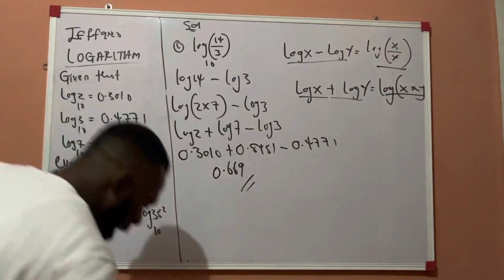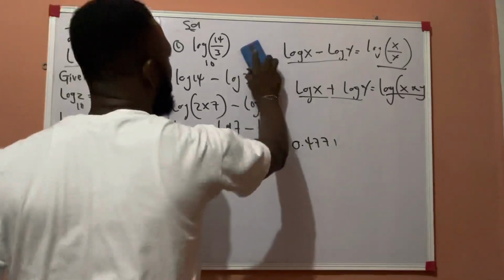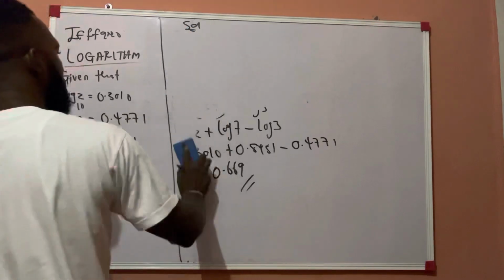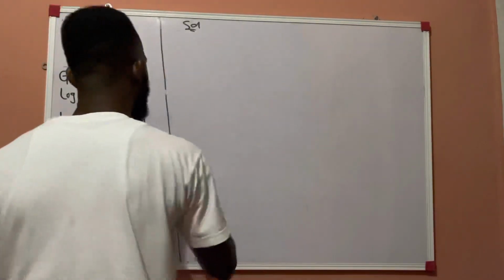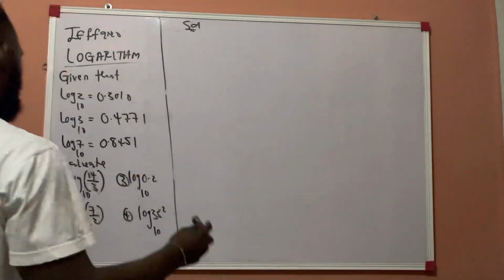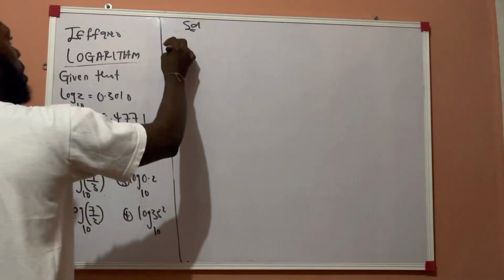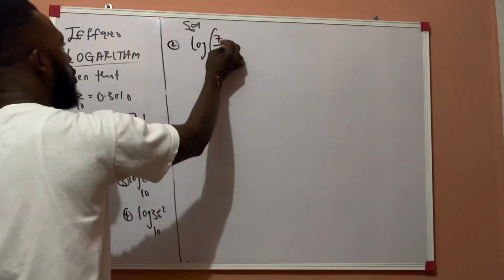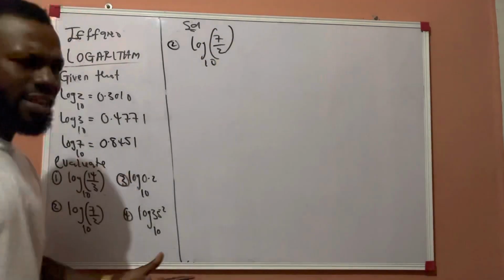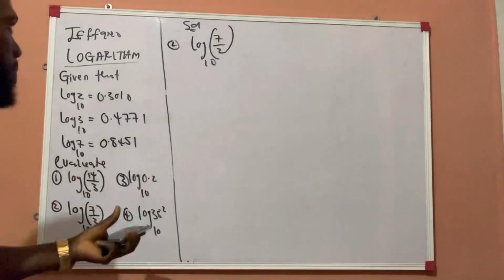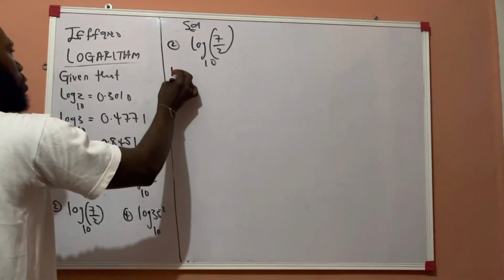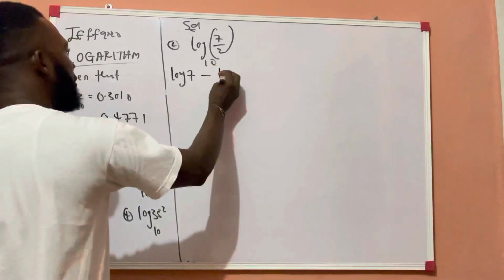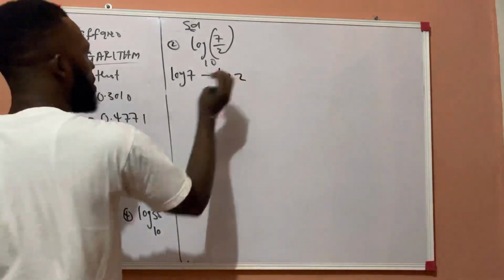Now, without wasting time, going to question number 2. Question number 2 says log 7 over 2 to the base of 10. The same procedures apply. We expand. Here becomes log 7. Division becomes minus. Then what do we have here? Log 2, which is the denominator.